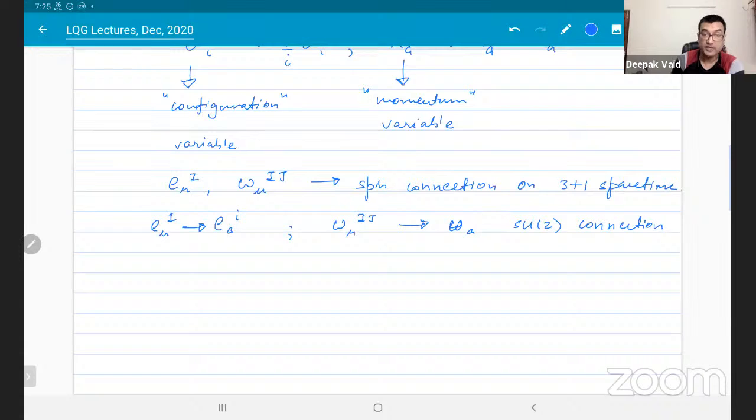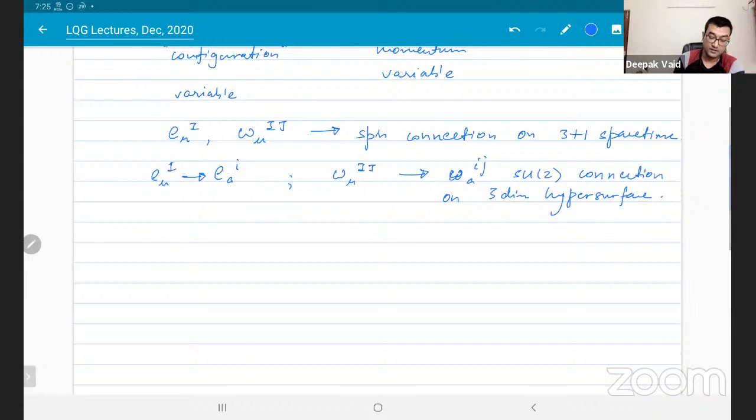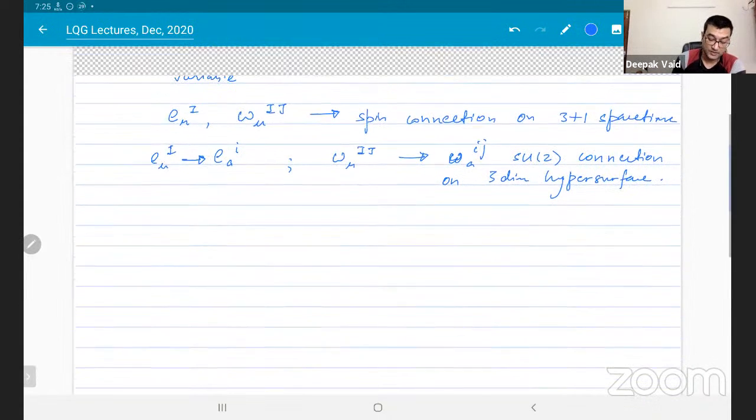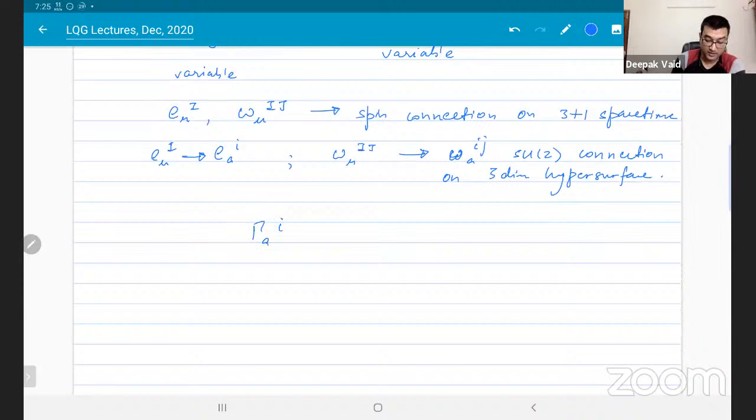You can write it with two indices or one index, it doesn't matter. SU2 connection on a 3-dimensional hypersurface. And this gamma AI is written as epsilon ijk omega a.